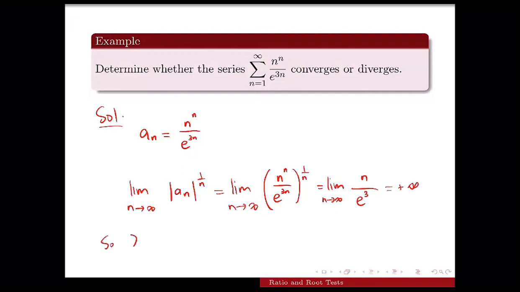So by root test, the series n to the n over e to the 3n, from 1 up to plus infinity, is divergent. Okay? Questions?